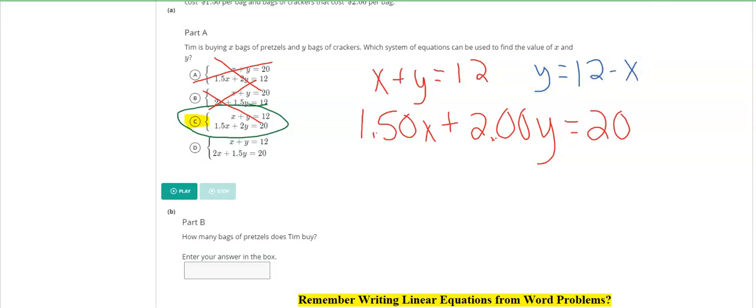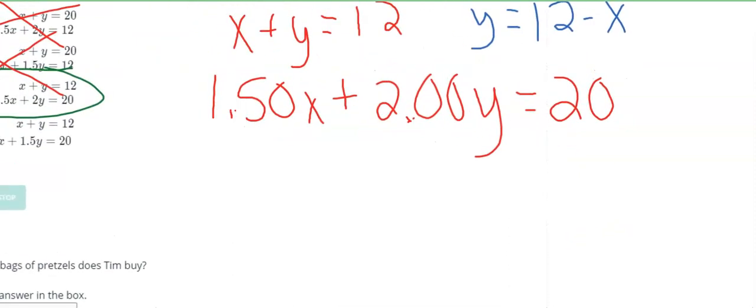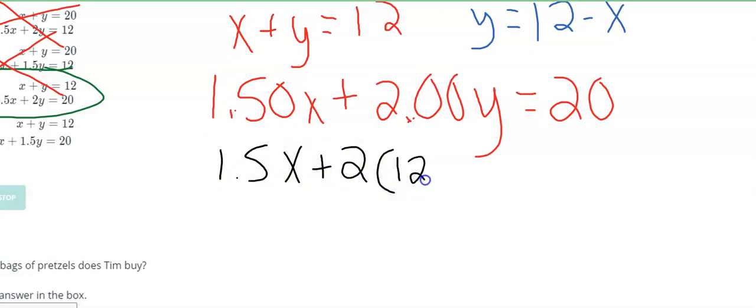I just subtracted x from each side. And I'm going to replace that into our second equation. So I have 1.5x plus 2y, and I'm replacing y with 12 minus x is equal to 20.